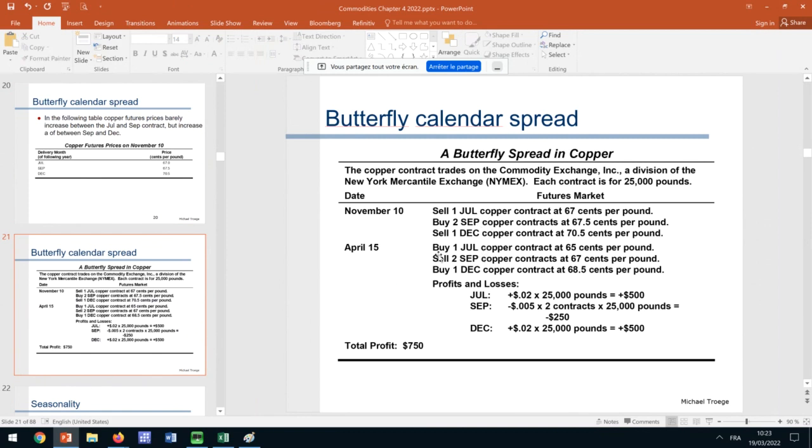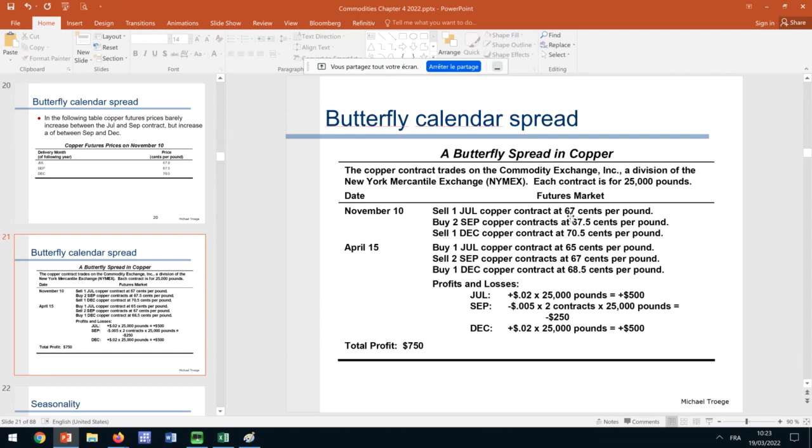Okay, so now we have to buy one July contract, we have to buy one December contract, and we have to sell two September contracts. We are not at expiry yet. Now, what are the prices? What happened here? Indeed, if you compare these prices to these prices, you can see that the kink has disappeared.